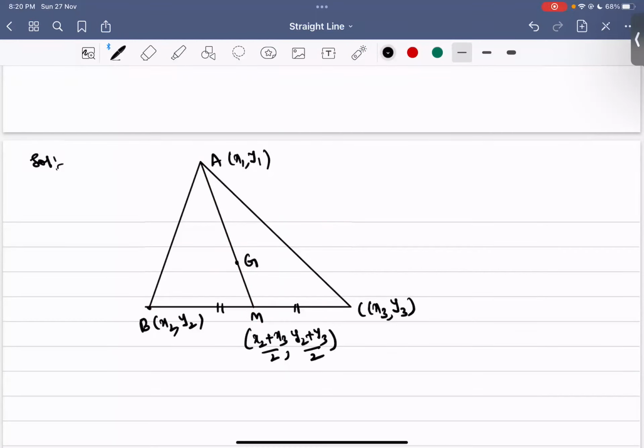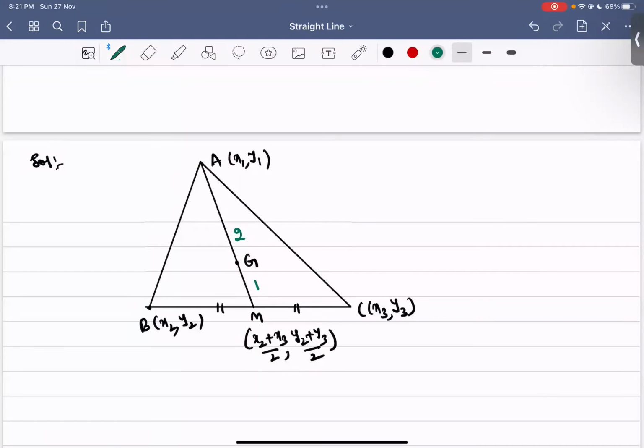So now already we have seen one result. The centroid divides the median internally in the ratio what? Tell me. 2:1. Yes sir. The centroid divides the median internally in the ratio 2:1. Means here the centroid G divides AM internally in the ratio 2:1.